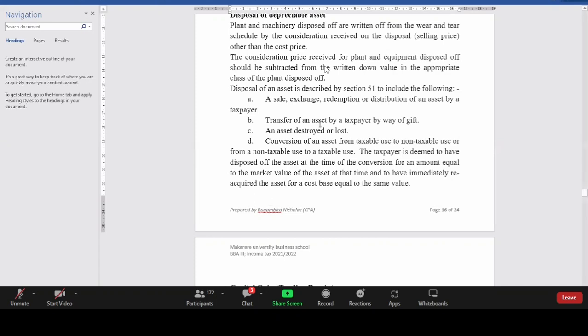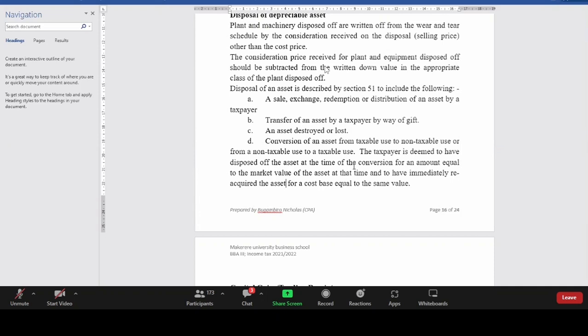They are saying the taxpayer is deemed to have disposed of the asset at the time of the conversion, at an amount equal to the market value of the asset at that time, and to have immediately reacquired the asset. When you sell an asset, or you are exchanging your asset, or you have converted it for a non-taxable purpose, you remove it at its sale proceeds.